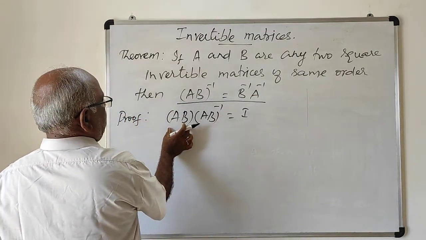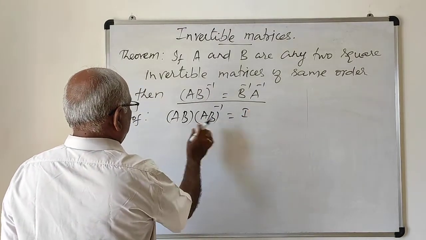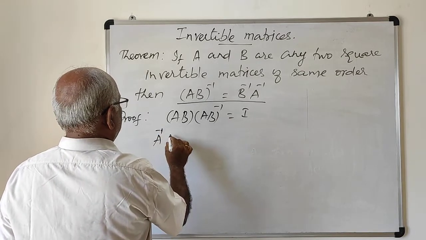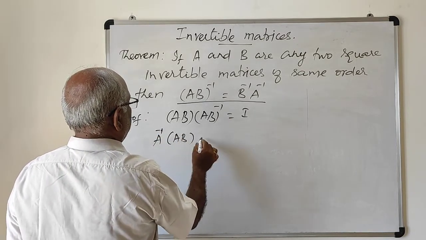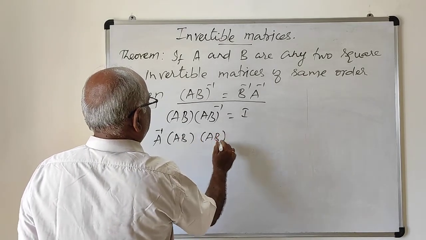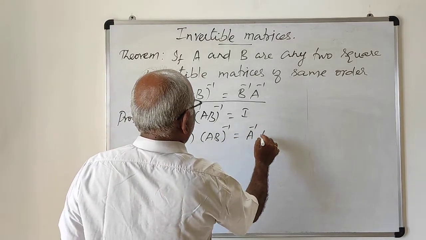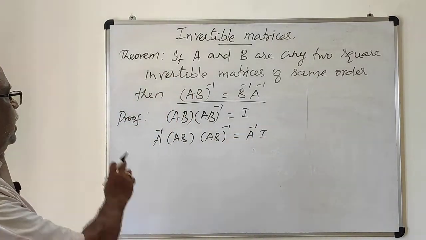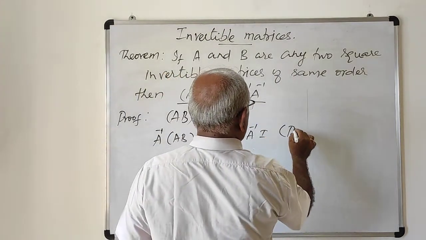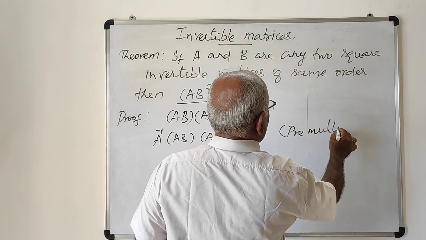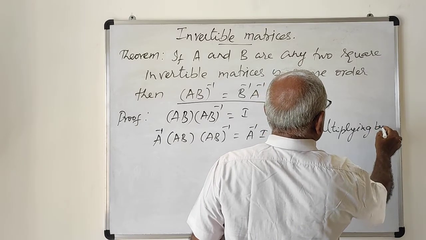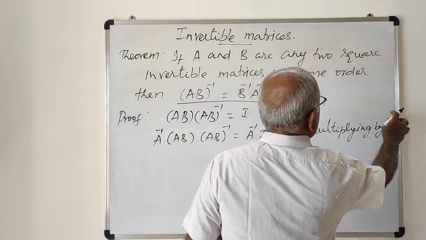Pre-multiplying by A inverse on both sides, A inverse into AB into (AB) inverse equals A inverse into I.